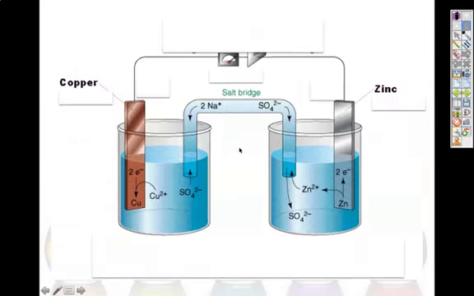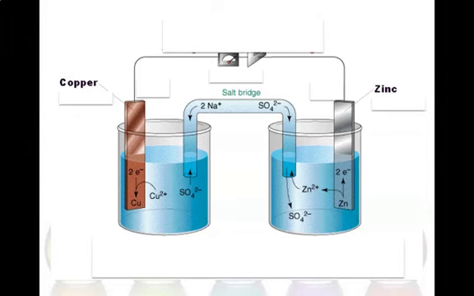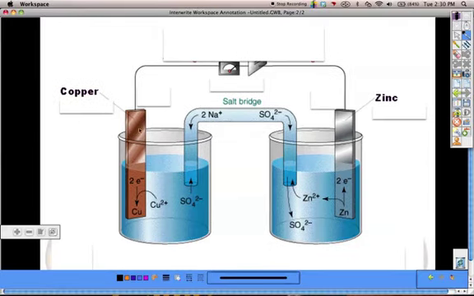So let's take a look. This is what a common voltaic cell would look like if we're not dealing with a battery, if we're just looking at solutions. I have some copper here in a solution of copper sulfate. Electrons are going into it, into the solution.